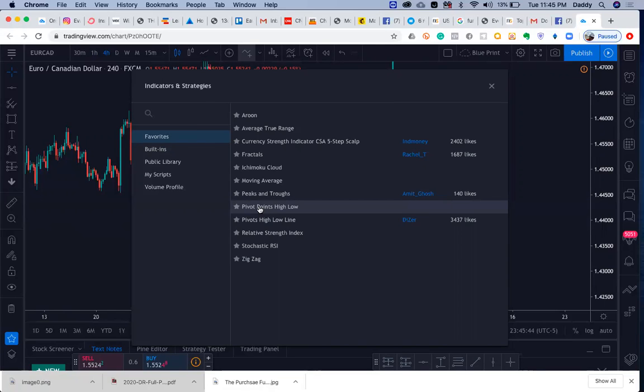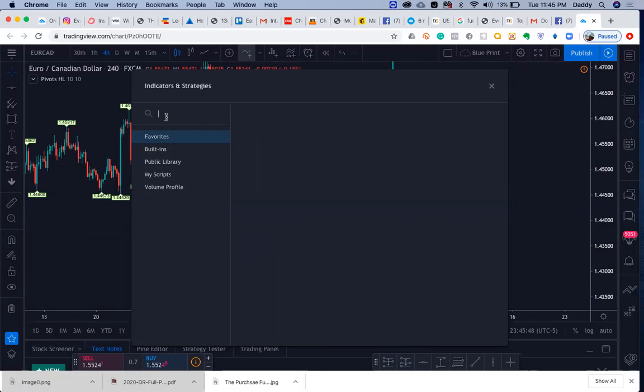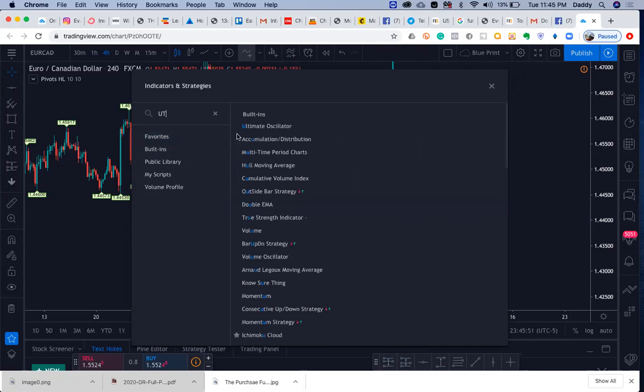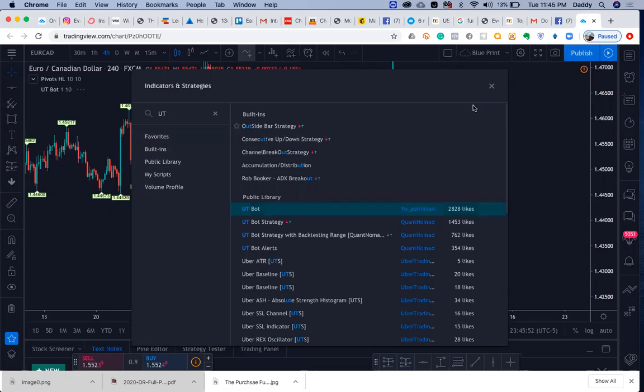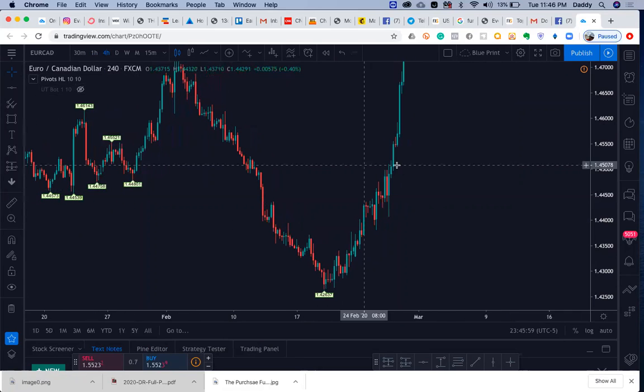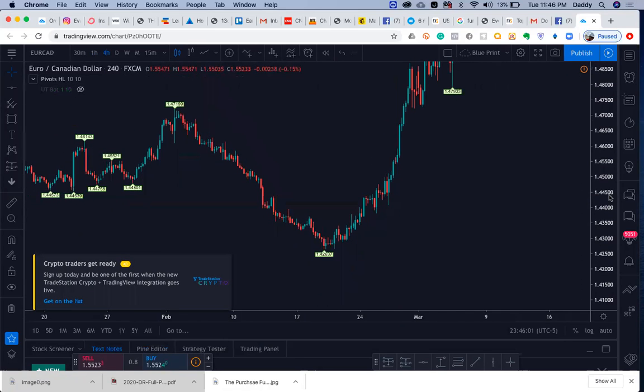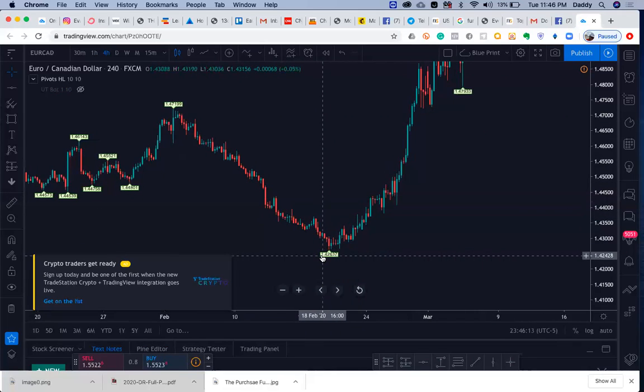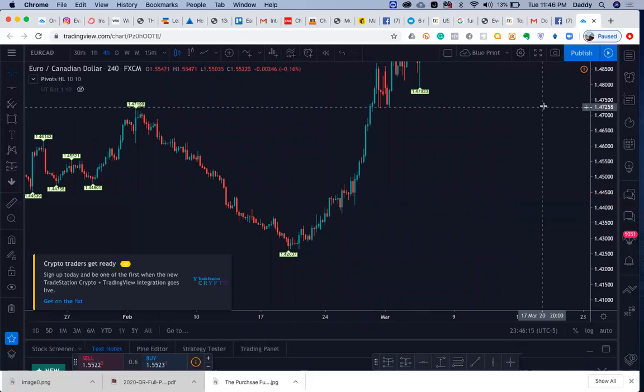All right, so we'll put that right there, and then we'll turn that on. Okay, so now look right here. Price came right here, and it formed a high. What's the next thing it's going to do? Form a low. Price came here, formed a low.